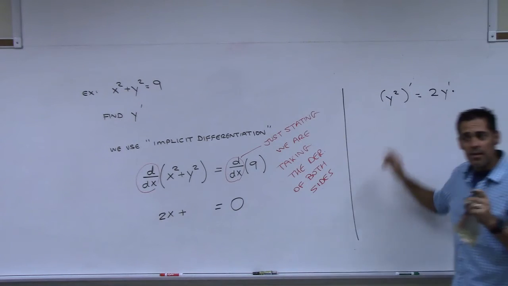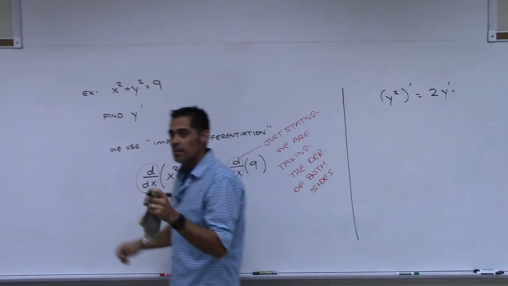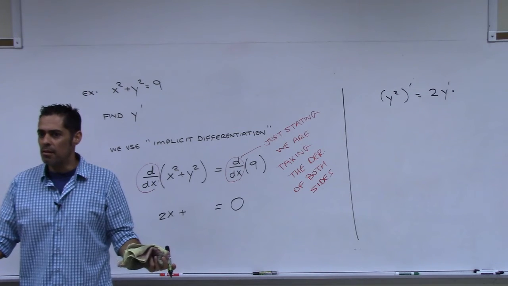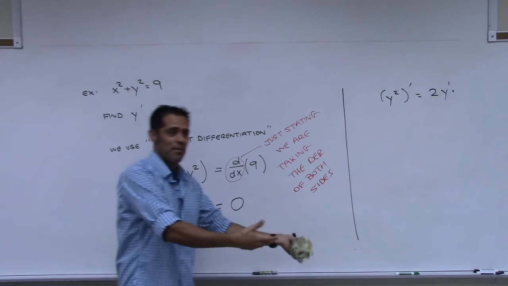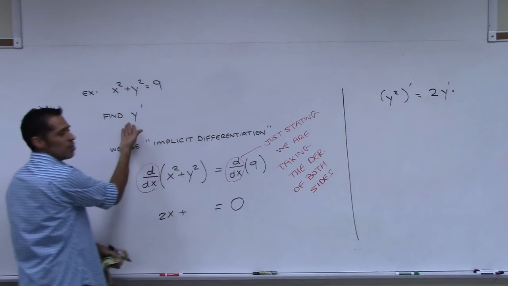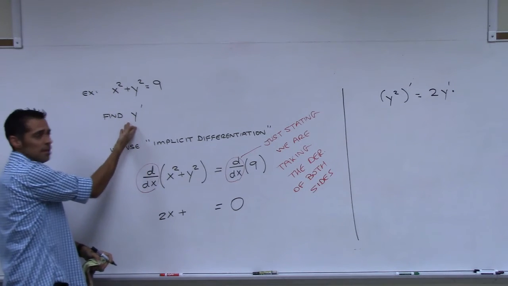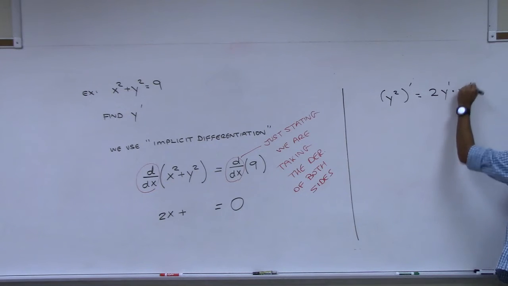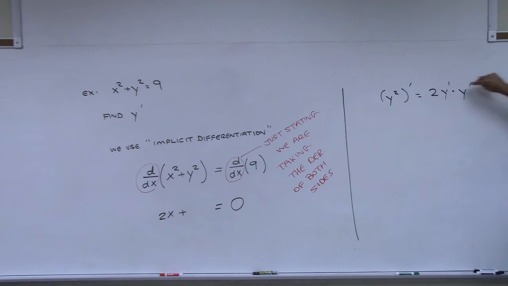And what is the derivative of y? It's the derivative of y, isn't it? I mean, the derivative of y is the derivative of y, which is exactly what I'm trying to find, isn't it? So what I'm going to put out here is y prime. Now don't confuse, that's not a 1, that's a y prime. Do you see that this is not a 1 right now?